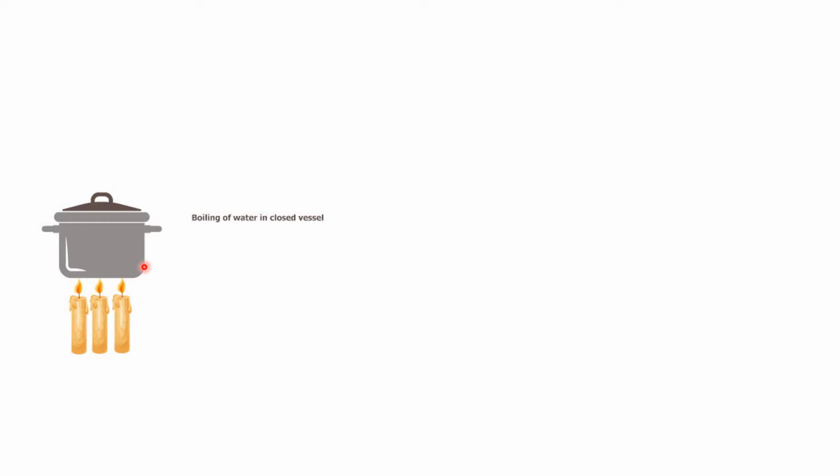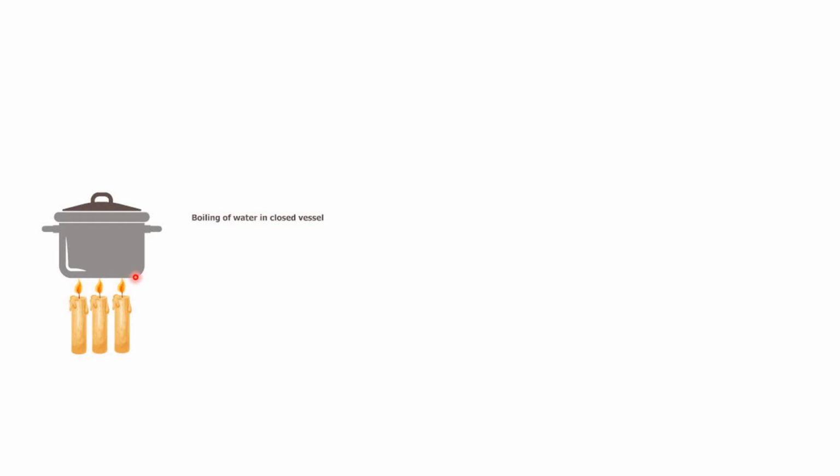Now look at here. Here water is boiled in a closed vessel. The vessel is closed, which means the volume remains constant. It is boiled, so what is happening? Its vapor will be there, so overall vapor plus water will occupy the volume of this container. That means volume remains constant.